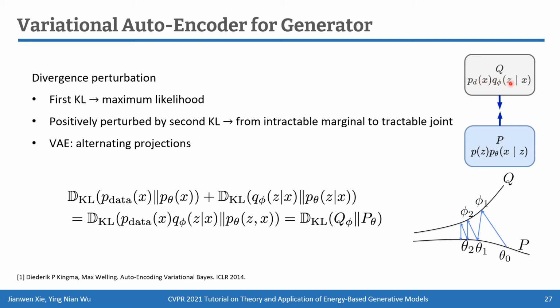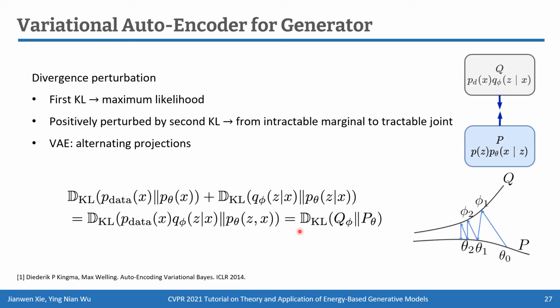So in fact, if we look at VAE, it can be considered as a joint minimization between this q_phi and p_theta. So this is the data distribution, and this is the model distribution. However, this time, this is the distribution of the so-called complete data, where x is observed and z is missing or hidden.